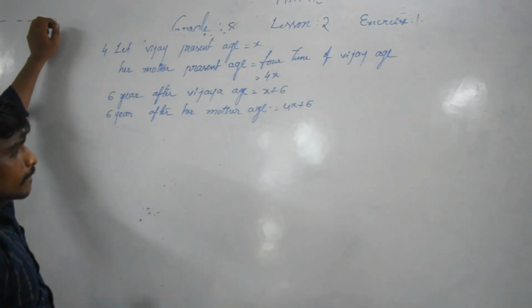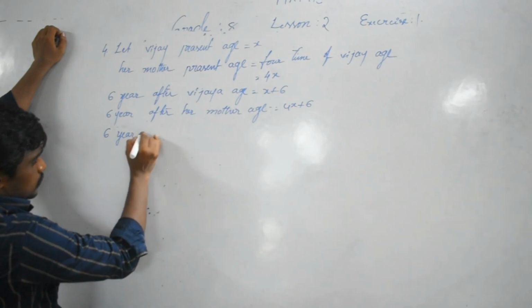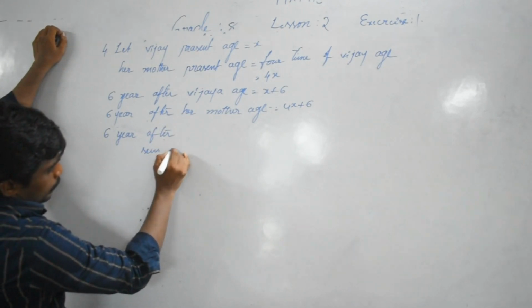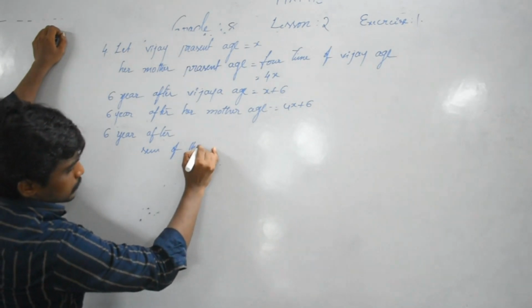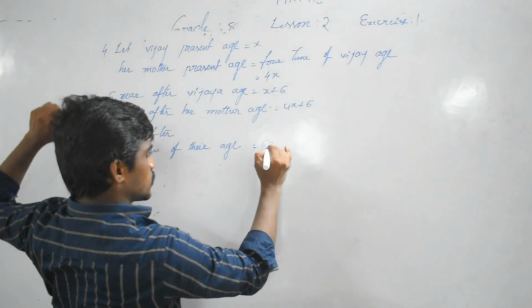So 6 years after, the sum of their ages is equal to 62.